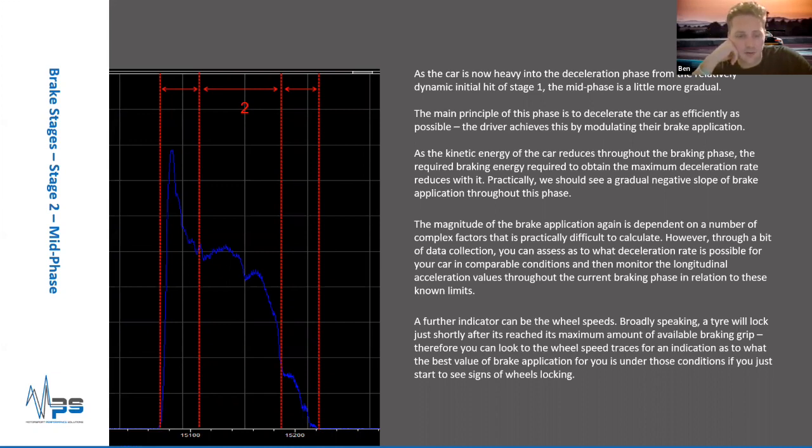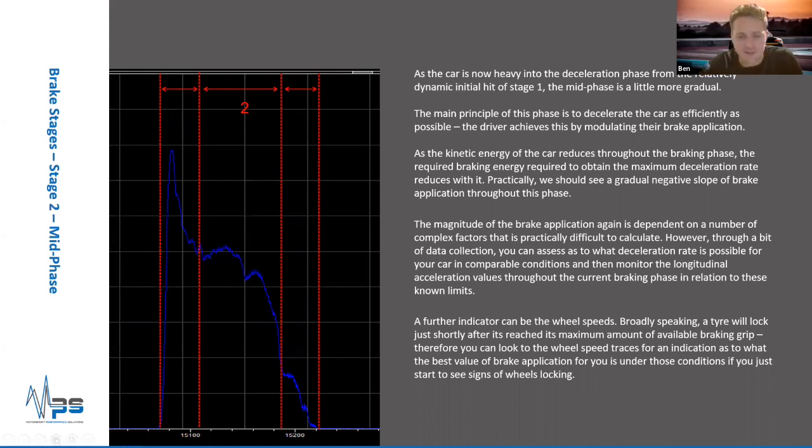Through some iterative testing, you can work out what values of longitudinal deceleration your car, the track you're on and the brakes you're running can realistically achieve. So if you've seen higher peaks before and you're not up to this, you can come up with a number for yourself as a bit of a target.